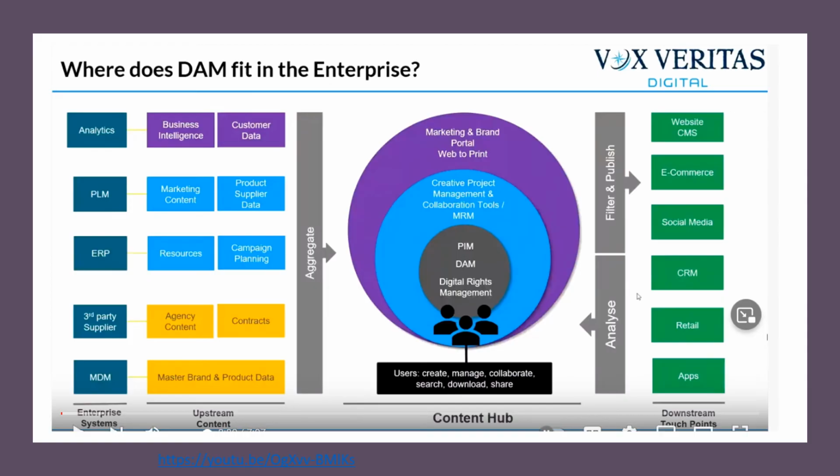And then it's going to be disalurkan kepada content hub, whereas dekat sini ada DAM, there is digital rights management, dia ada user create, manage, collaborate, search, download and share dekat situ. And then they are going to be filtered and published kepada the end user, the downstream touch points, sama ada dekat website, dekat e-commerce, dekat social media.